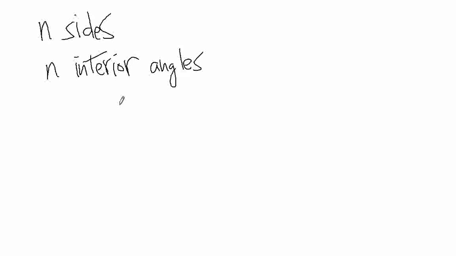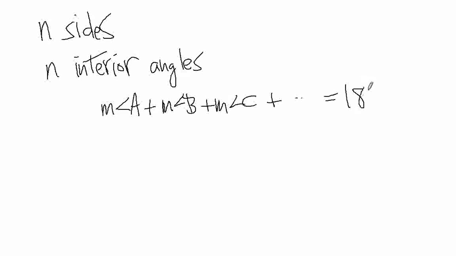Let's say that the angles were labeled with a capital A, capital B, capital C, and so on. So the measure of angle A plus the measure of angle B plus the measure of angle C, and so on, is going to equal 180 degrees times n minus 2. Now, would you agree that every exterior angle has a measure that's 180 degrees minus the adjacent interior angle?